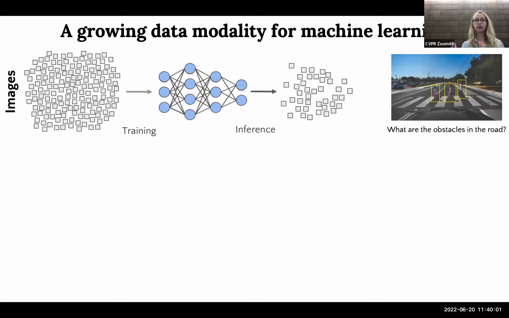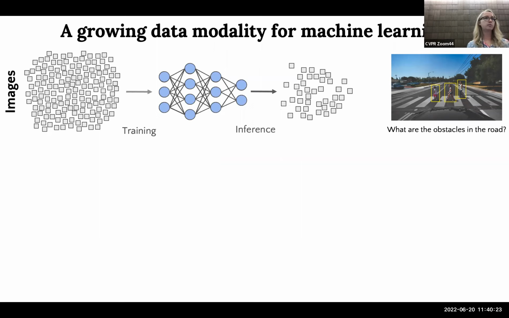To make this parallel between remote sensing data and traditional data modalities more clear, I'm going to give a couple of examples here. When we're working with image data, we typically have a very large set of independent samples, for example ImageNet, a very large data set that we can use to train the model.